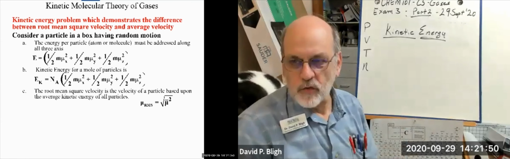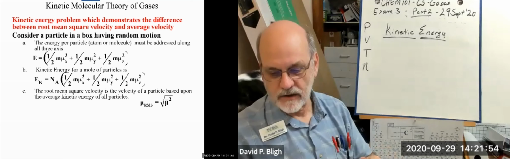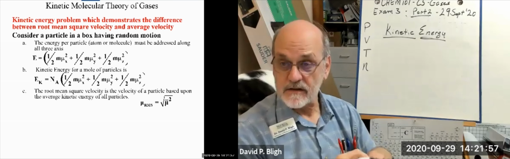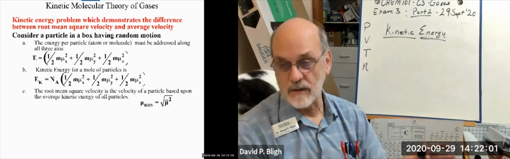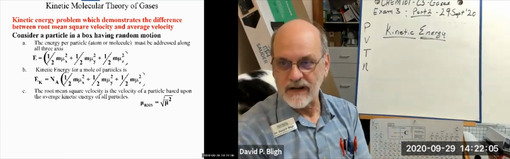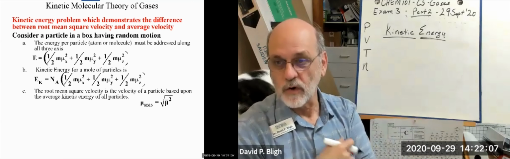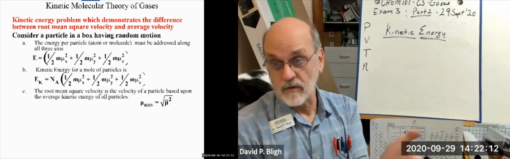So what's the root mean square? It's a statistical value. And in statistics, root mean square is used to get rid of all your negative numbers when you're doing a statistical calculation. You don't want negative numbers hanging around. So if you square a negative number, you always get a positive number, right?